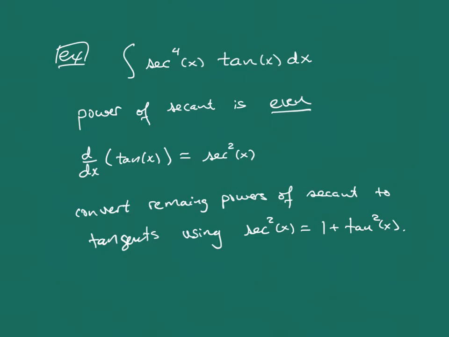That's going to be our strategy to deal with these particular cases. So let's work out this example and see how it goes. We've got the integral of secant to the fourth times tangent of x dx.